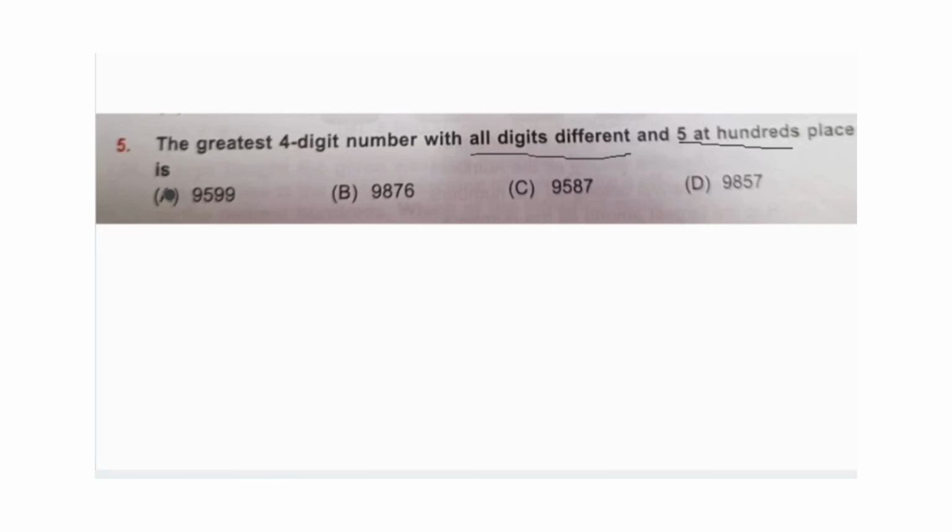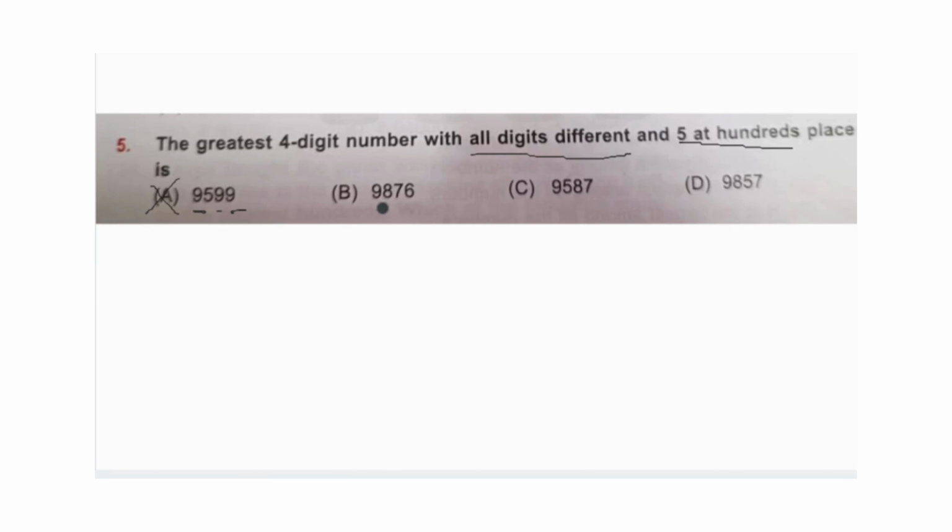Let's look at our options and try to eliminate options that do not comply with these conditions. All digits different: in option A, 9 is repeating 3 times.